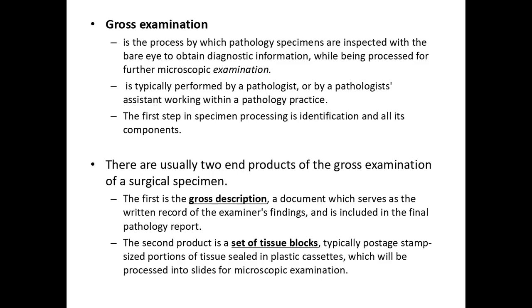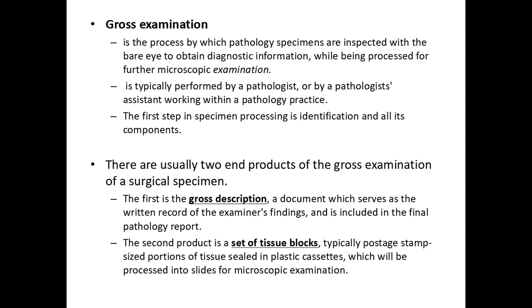It is typically performed by a pathologist or by a pathologist assistant working within a pathology practice. In gross examination, the first step in specimen processing is identification. So you need to identify what type of specimen you receive and all its components. Aside from the main organ, you also have to determine what other structures are attached to it.